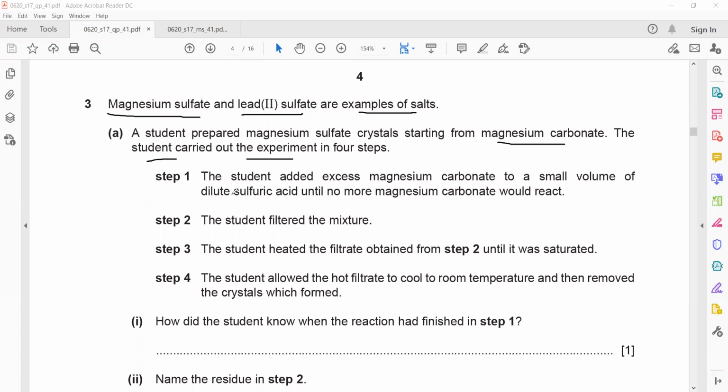First, the student adds an excess of magnesium carbonate to a small volume of dilute sulfuric acid until no more magnesium carbonate reacts. Then the student filters to remove unreacted magnesium carbonate. Then he heats and concentrates the solution until it is saturated. The student allowed the hot filtrate to cool, and then removed the crystals from it.